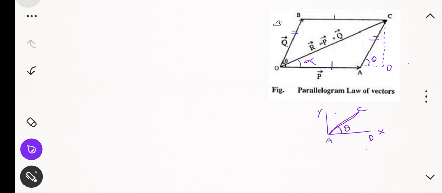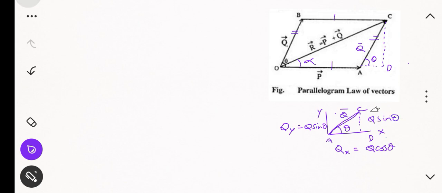Here AC is called Q bar because opposite sides are equal, so AC is represented as Q bar. Then this Q bar vector can be resolved into two components. First one is the horizontal component Qx, which is equal to Q cos theta, and the vertical component Qy, which is equal to Q sin theta, and this is also Q sin theta.